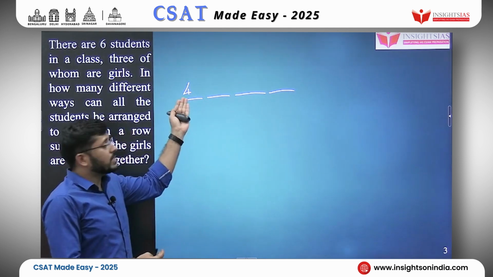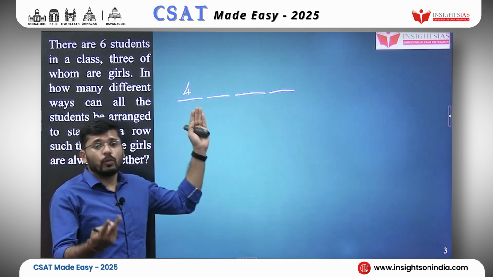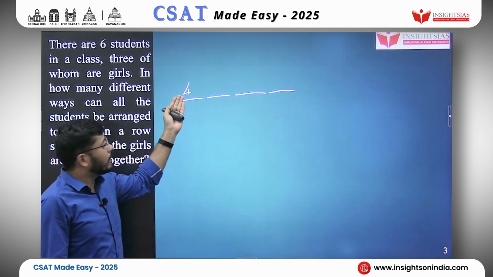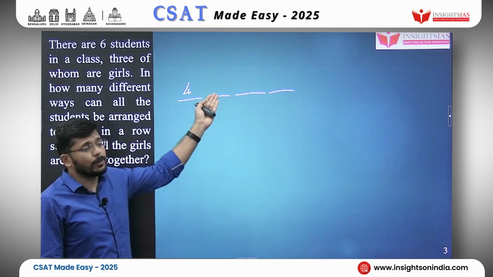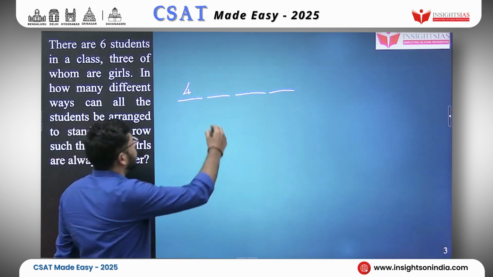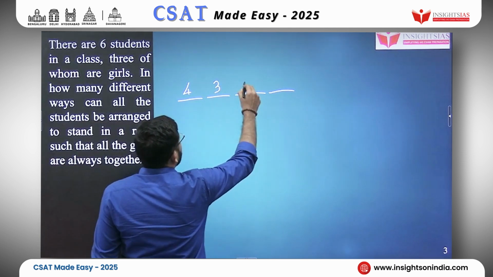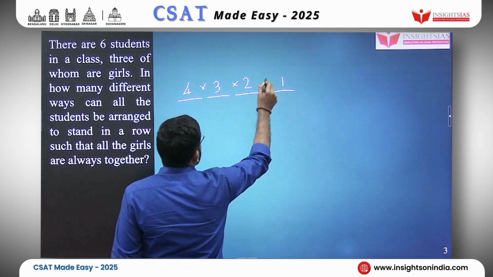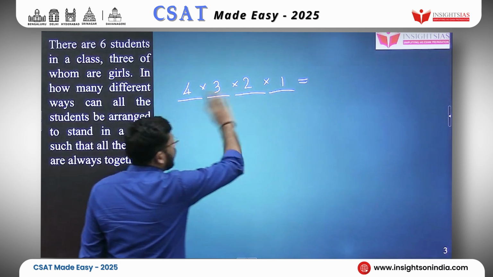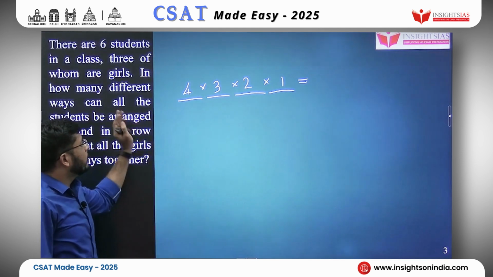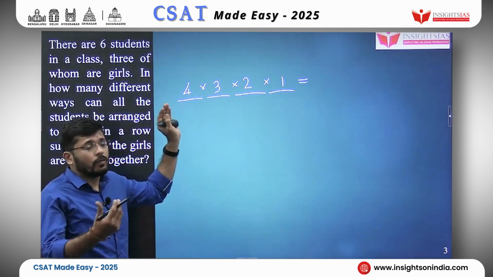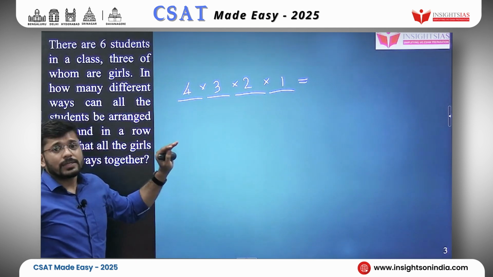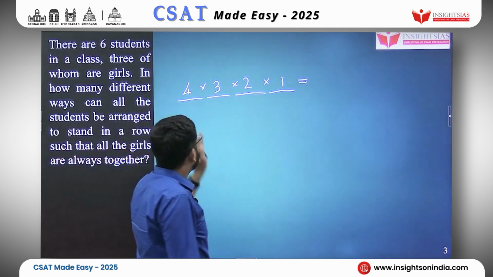If one boy sits here, we are left with the other 2 boys and 1 girls block, or if the girls block takes this position, we have 3 boys, so 3 options. So here we have 3 options, and here we have 2 options, and ultimately we will be left with only 1 option. So in how many ways can 3 boys and a block of girls be made to stand such that all the girls are together?